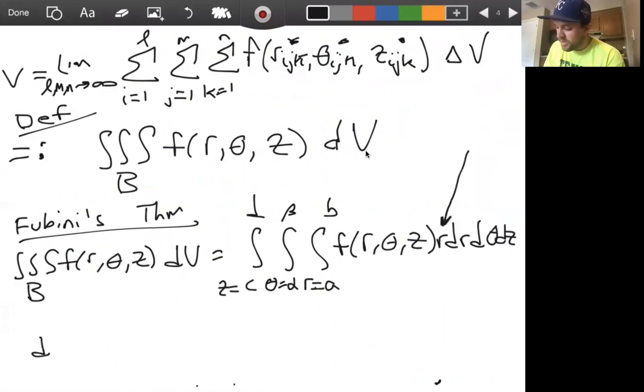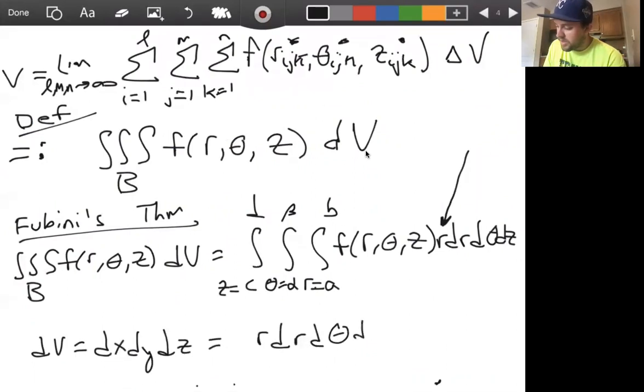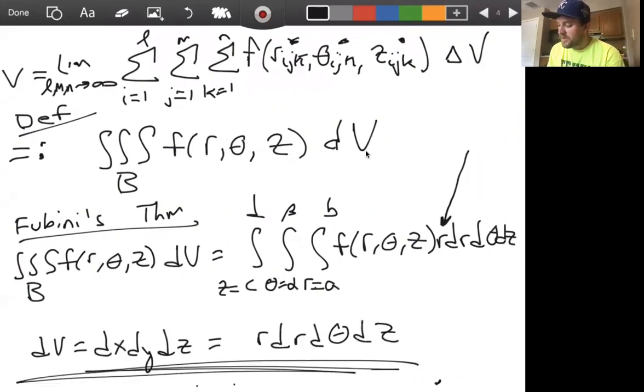And so dV, which is equal to dx dy dz, is equal to r dr d theta dz. Okay, and so when you're setting up an integral in cylindrical coordinates, you cannot forget this extra r. You can't just translate the differentials right away. You also have to multiply by r here.